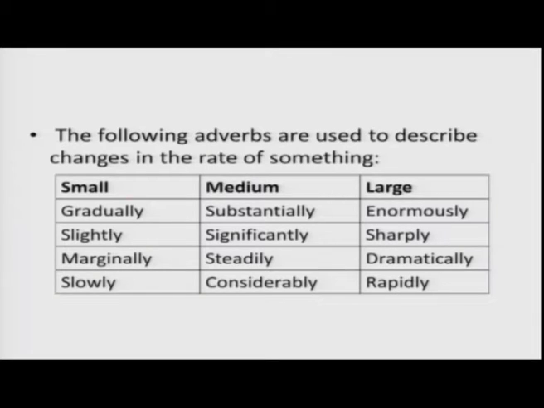If it is large change, you can say enormously, sharply, dramatically, rapidly. If it is somewhere in between, you can say substantially, significantly, steadily, considerably. Now, keep this list in mind. We will now try an exercise.